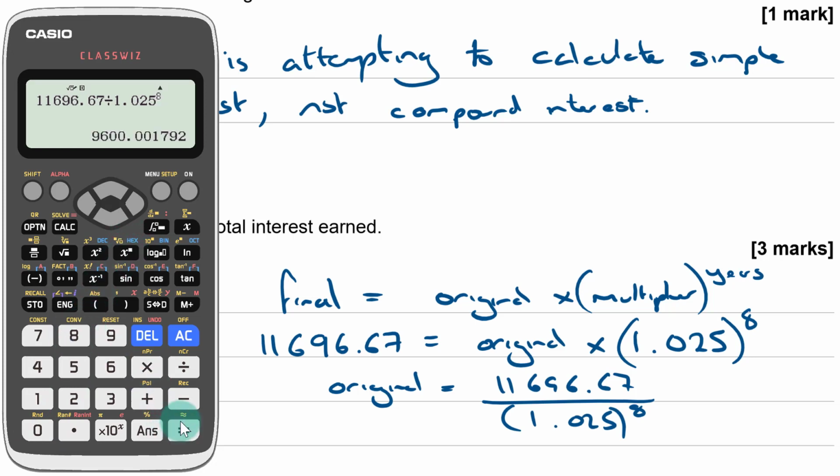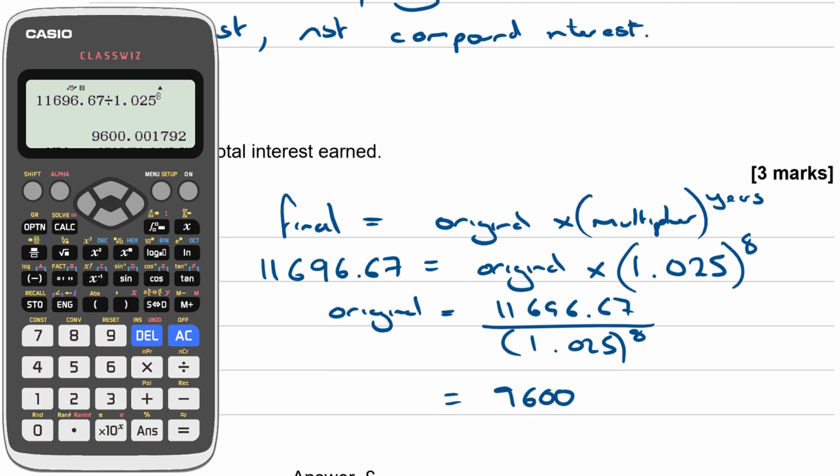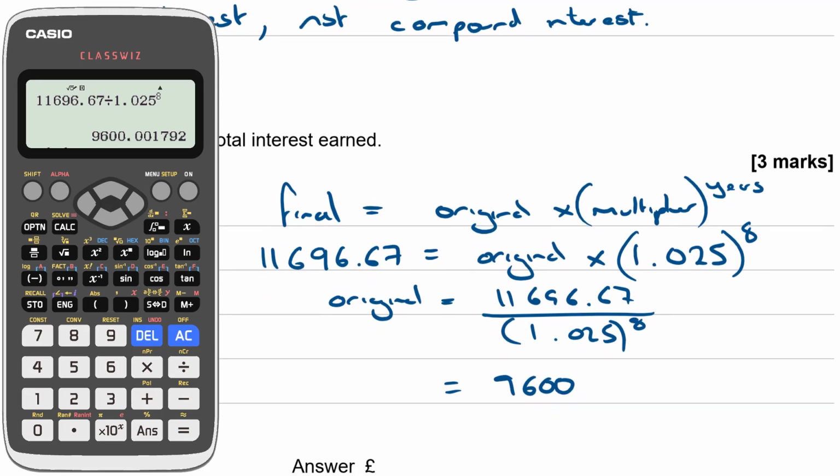I make that 9,600 and change. I'm just going to round that off to 9,600. Okay. Now we're not quite finished because that's the original value and the question asks for the interest earned.